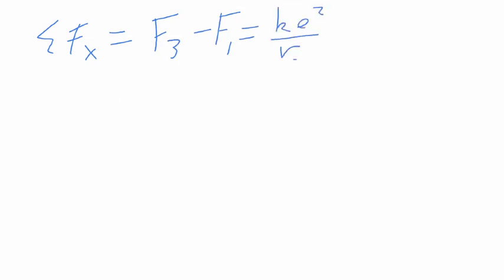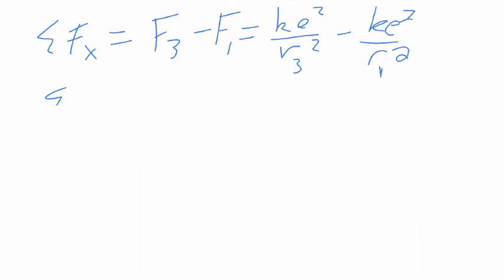So summing the forces in the x, I have F3 minus F1, and I can express those as KE squared over R3 squared minus KE squared over R1 squared. Remember, those R's mean that we're going to change those values. But for now, we're good there.